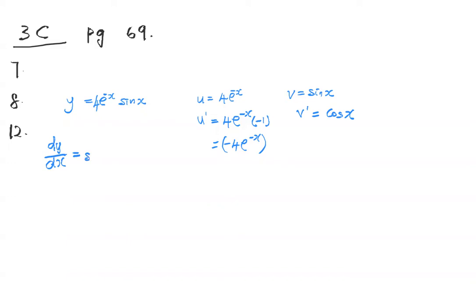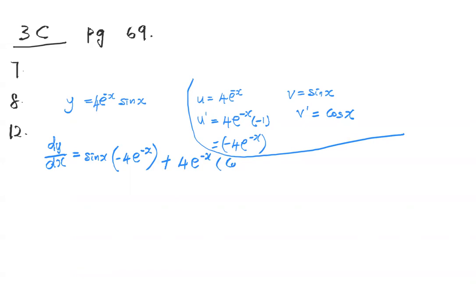v, u prime, plus u, v prime. Yeah. So you can factorize out the common factor, that is 4e to the power of negative x.